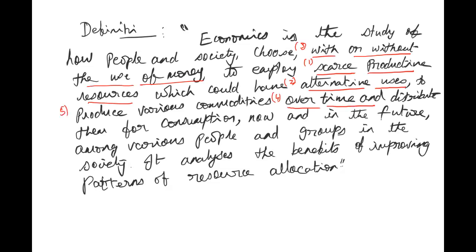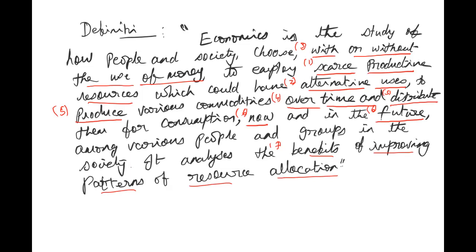Fifth, underline produce and distribute. And sixth, now and in the future. And then the seventh, benefits of improving the patterns of resource allocation. So just mark it like that, highlight the words and phrases like this, then it will be easy for you to understand the meaning as well as remember the definition.